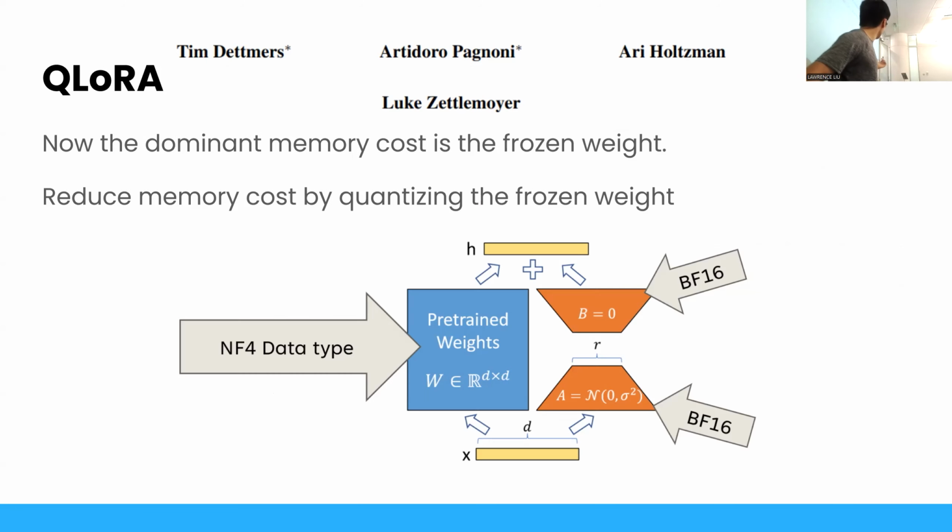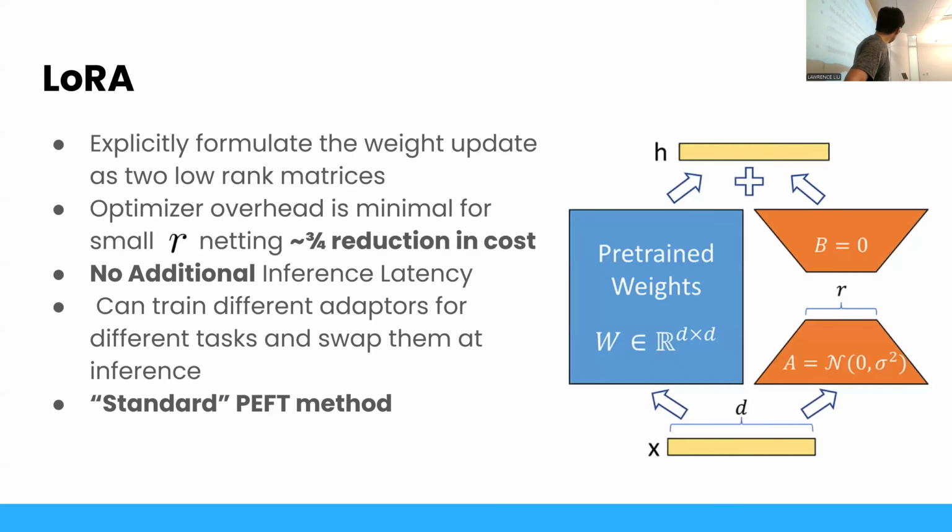So QLoRA just initializes A as a standard Gaussian, and B as a zero matrix. So this ensures that for LoRA, when we initialize it, initially the multiplication of the adapters goes to 0.